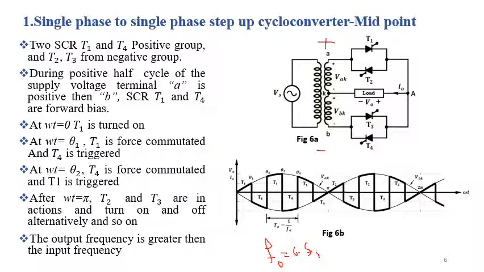So at omega t equal to 0, thyristor T1 is triggered, and we are getting this path of load current, and we can easily compute the output voltage, which is equal to this one, which is the part of the voltage VAK.